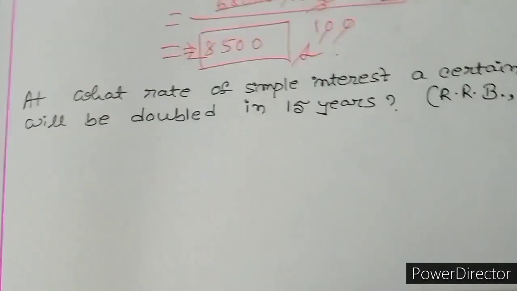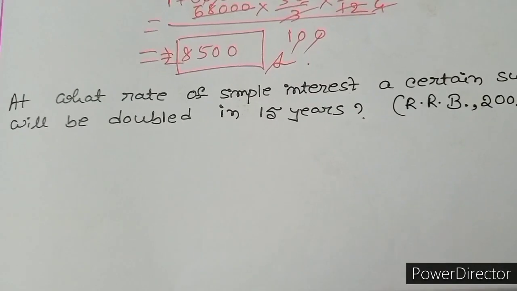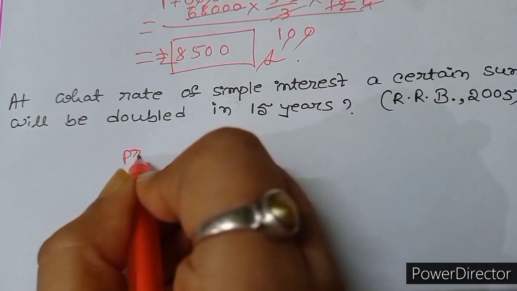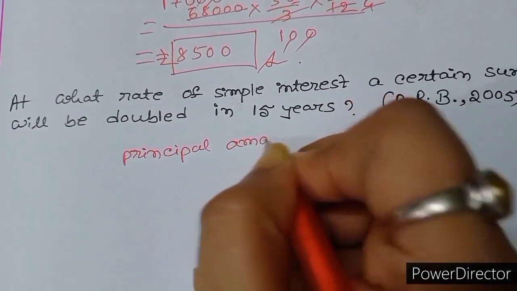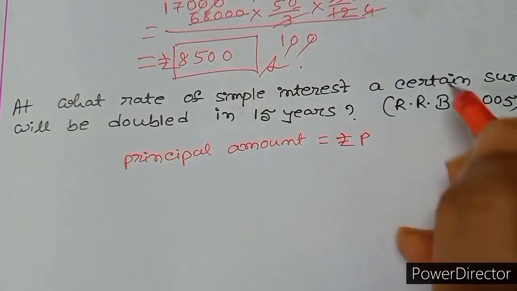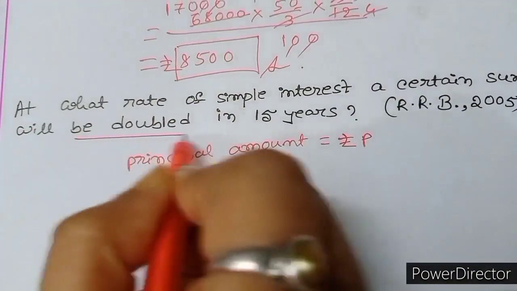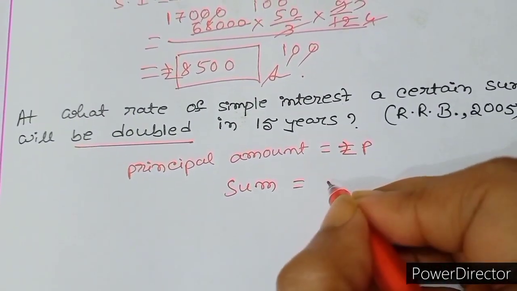At what rate of simple interest will a certain sum be doubled in 15 years? So we assume the principal amount equal to P. Certain sum will be doubled means the sum will be 2P.